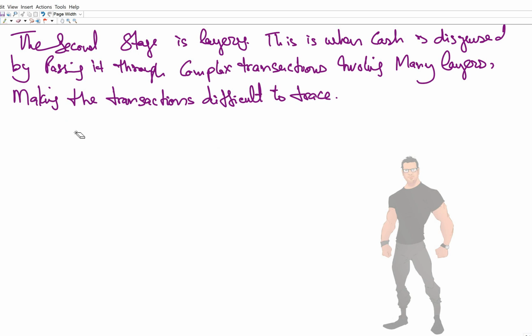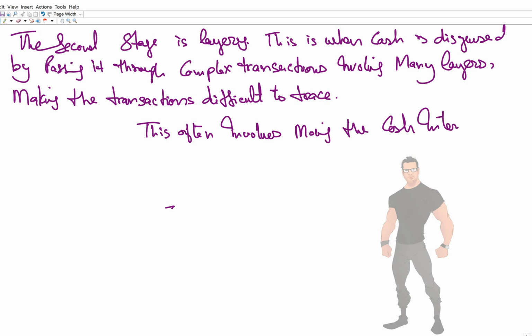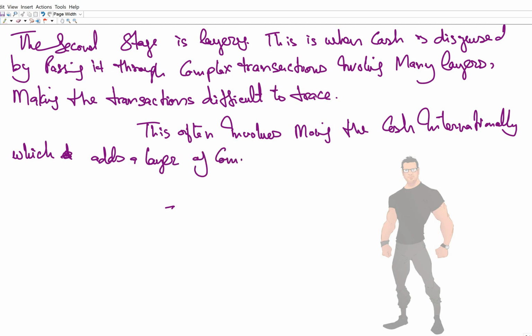This often involves moving the cash internationally, which adds a layer of complexity to the layering process.